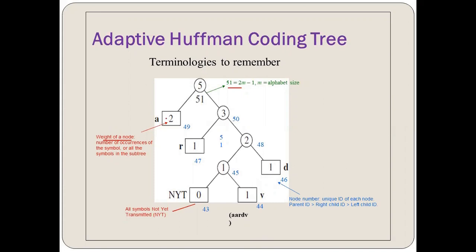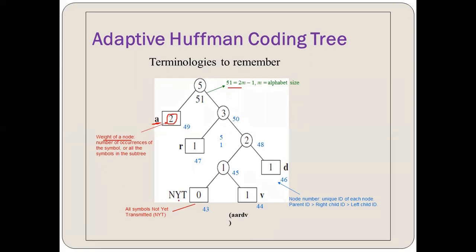That means it will tell you how many times this symbol A has occurred in the message, because this is symbol A and the node has the weight 2. So this is the weight of a node.